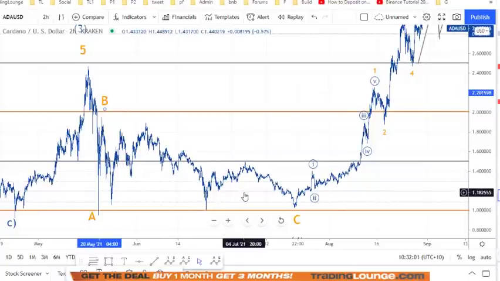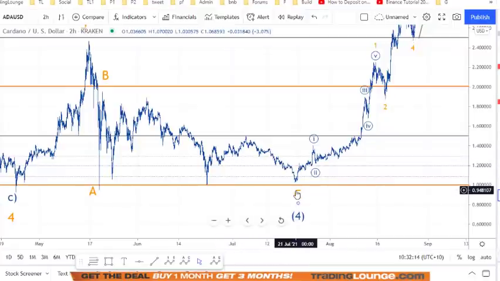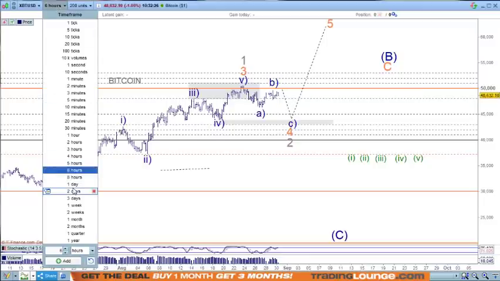There is overlapping wave structures within that, and total is the same, but Bitcoin is not the same. So I think it's because of that overlap here, I think it's safer to call this the low and count from there. So I think that's what we can do with Bitcoin. So I need to do that.